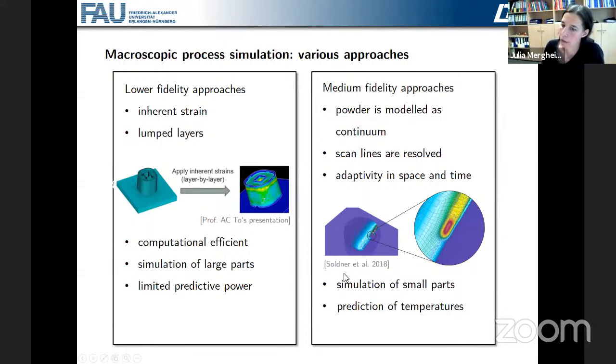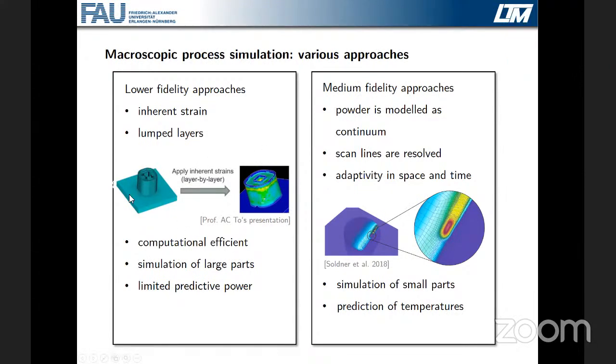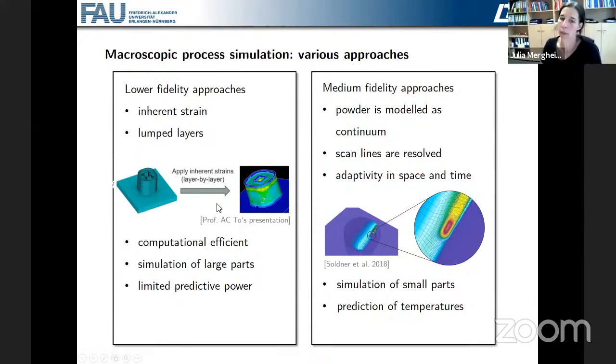The advantage is that we can predict with more detail, for example, the temperature fields, which are needed for the simulation of grain structures, for example, and also, let's say, compute stresses, distortions, plastic strains, and so on, which can be used on the one hand as a reference for the lower fidelity approaches, but also as an additional input for the approaches on a larger scale.